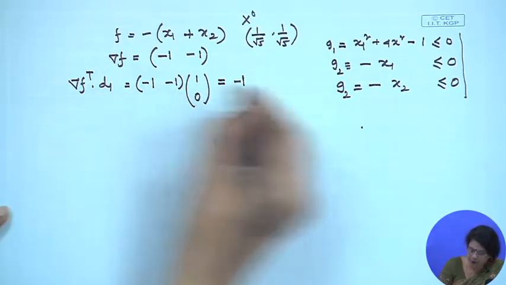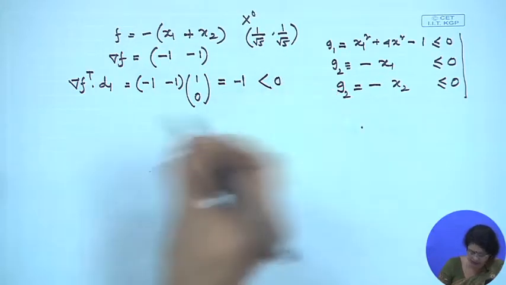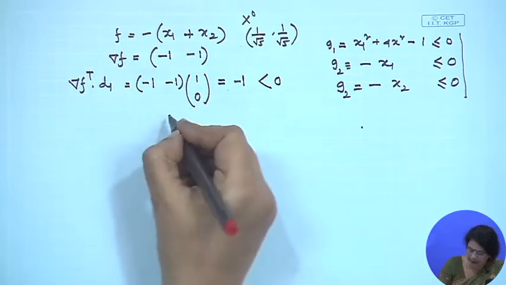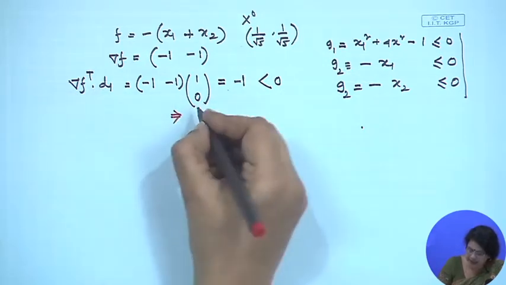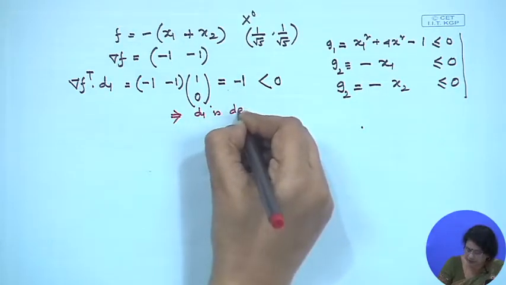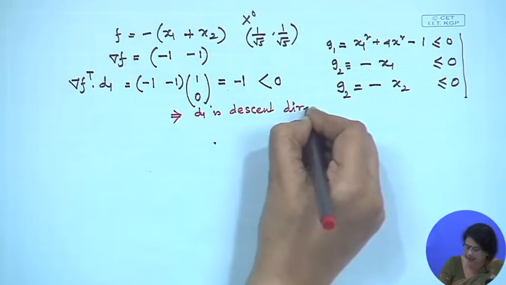Now, if I just move in this direction, then this will become less than 0. Then what is the conclusion from here? We can conclude that this direction is the descent direction, because this is negative.